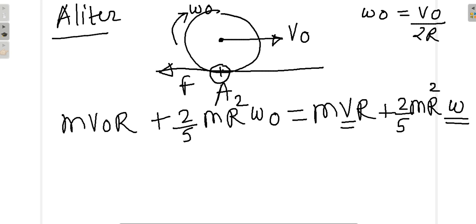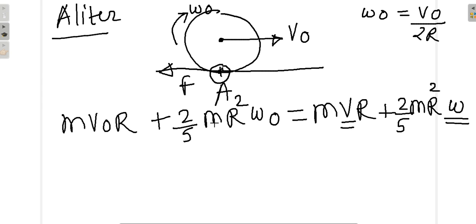Please see the direction here. Since the sphere is moving clockwise, omega is also clockwise. This is positive. So please note that when you find angular momentum about any other point, you have to consider angular momentum due to translational motion as well as rotational motion.